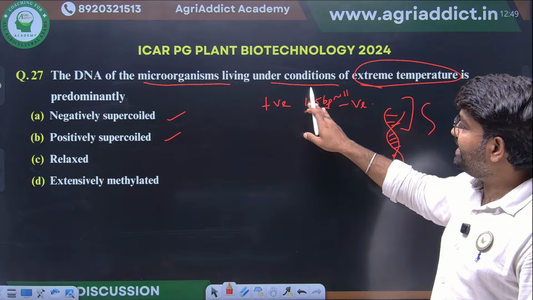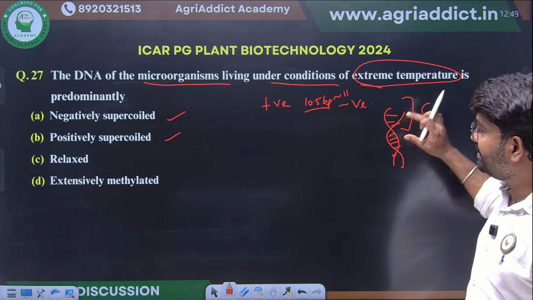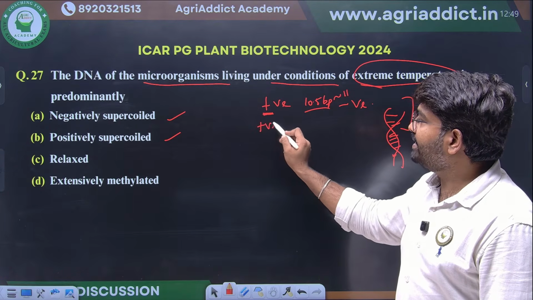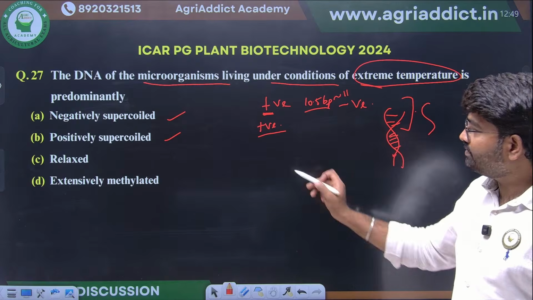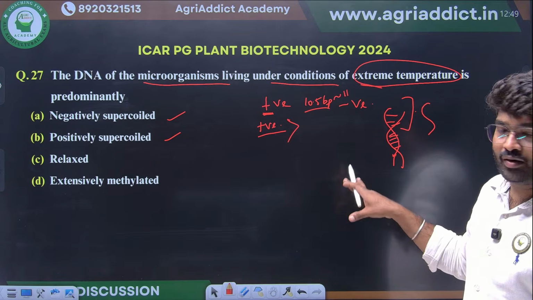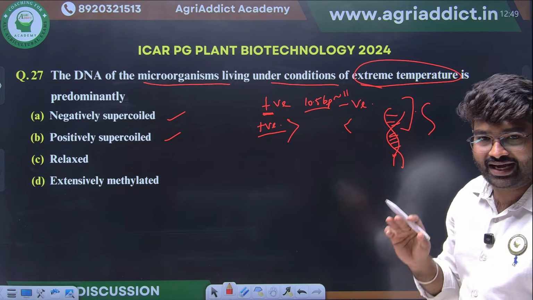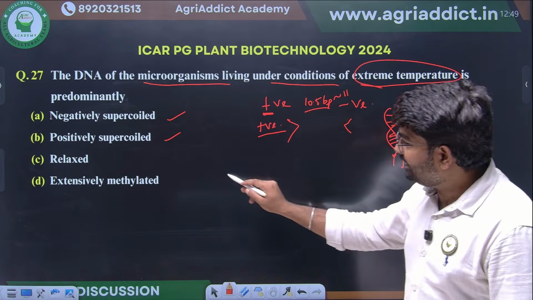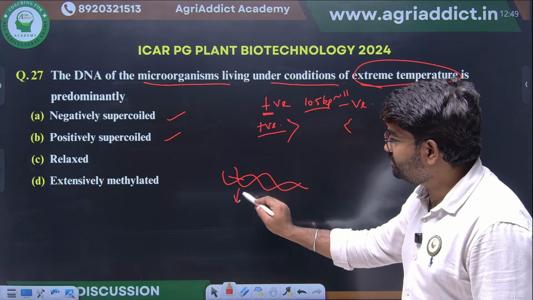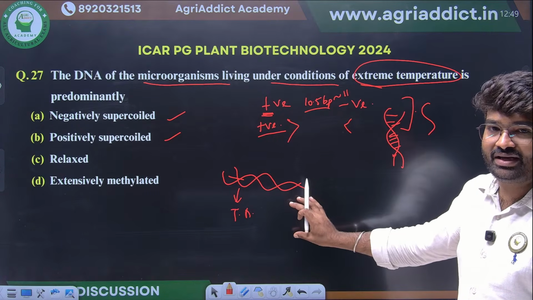If this DNA accommodates more bases per helical turn, we say it is a positive supercoil. That means it has more bases compared to the normal one. If it accommodates fewer bases, we say it is negative supercoiling. With negative supercoiling, the DNA is easily accessible for transcription, replication and all processes, and stability is optimum.